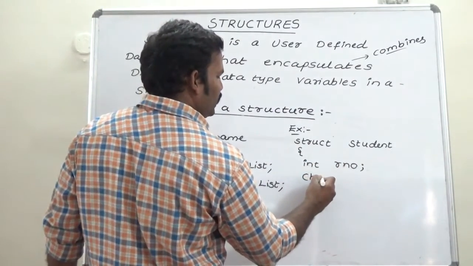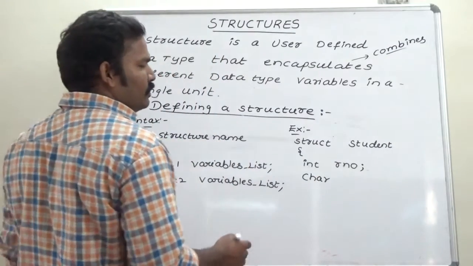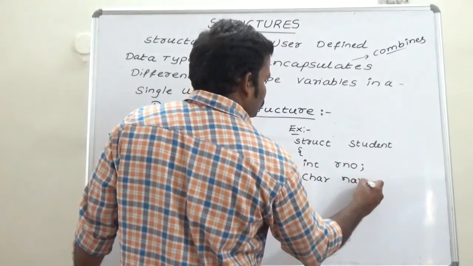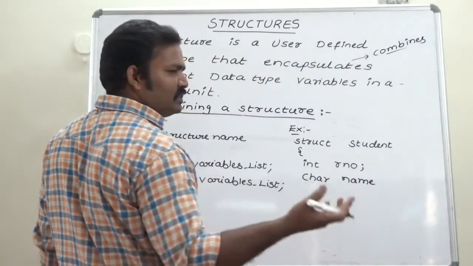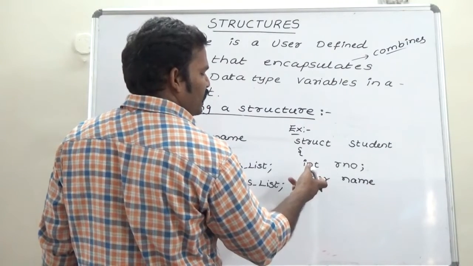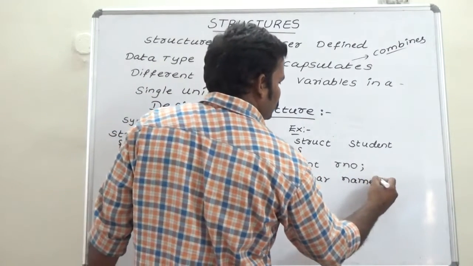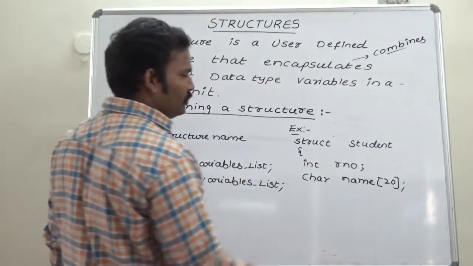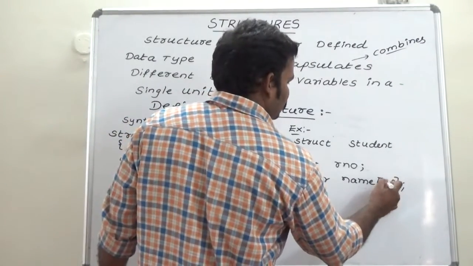Next, I want to store the student name also. Name means a string, so here we compulsorily have to use the char data type, name of size 20, or we can take size 10.